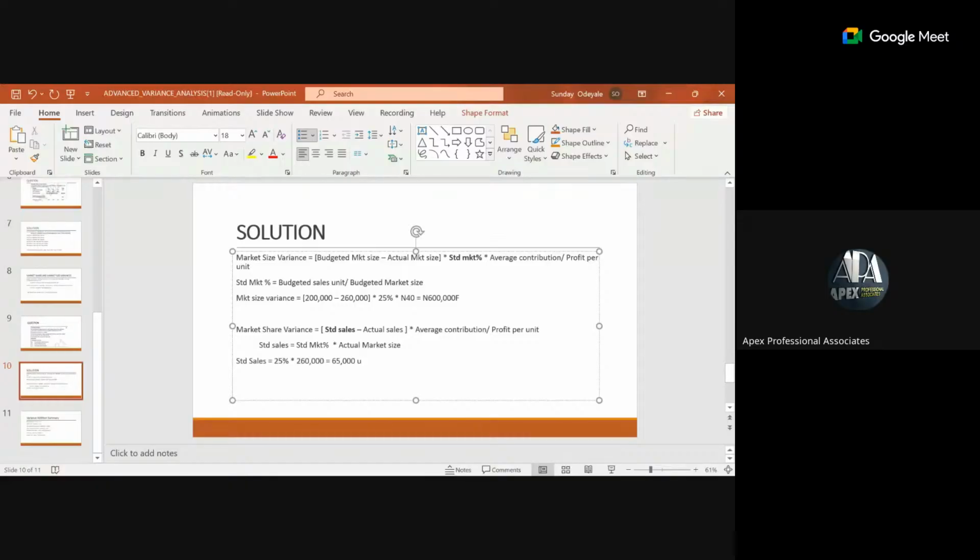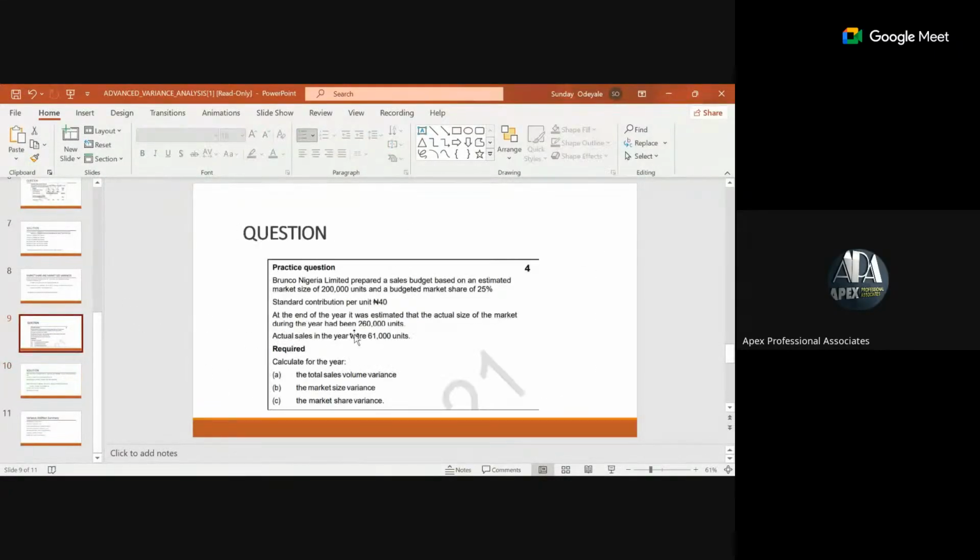65,000 units. So before, you were supposed to sell 50,000 when the market was 200. But now that the market is 260, you are supposed to sell 65,000 units. So our share variance is going to be the 65,000 units minus, now how many units did they eventually sell?